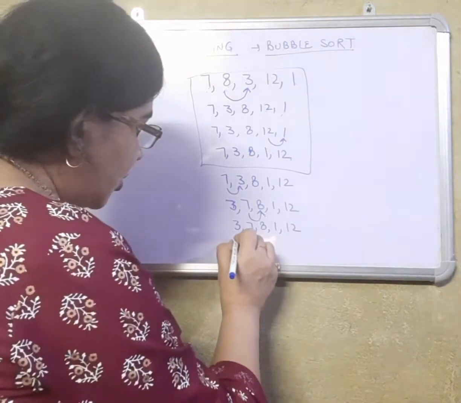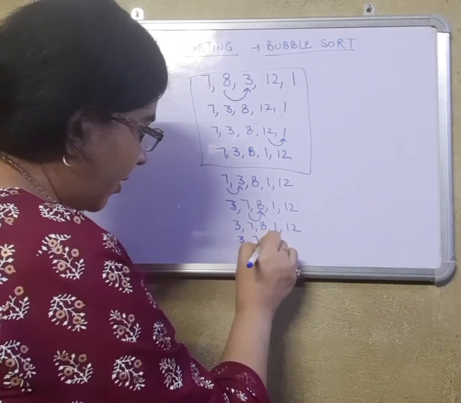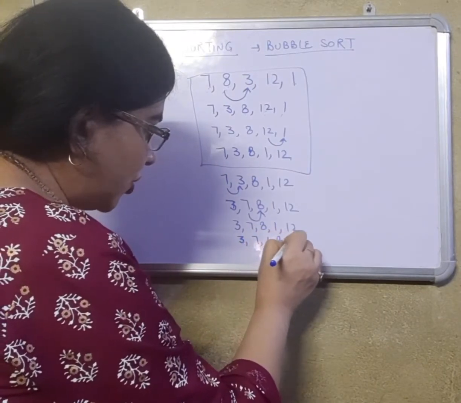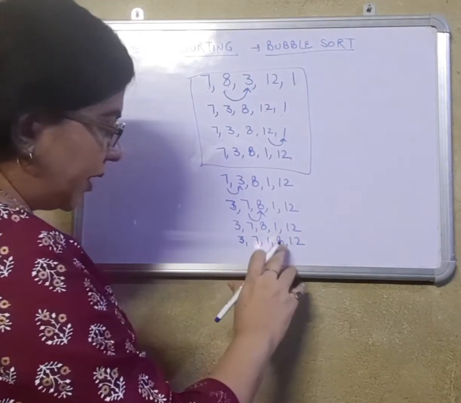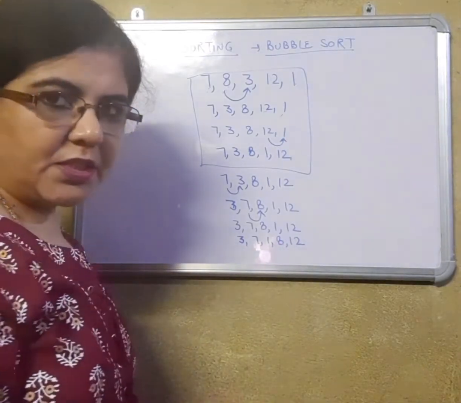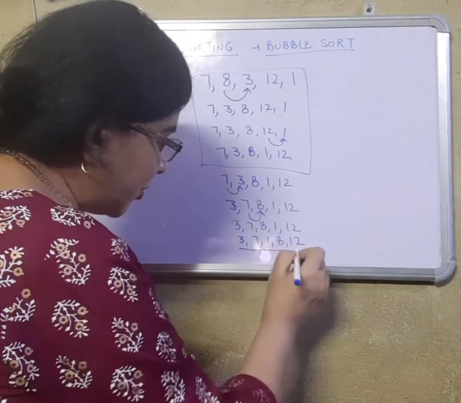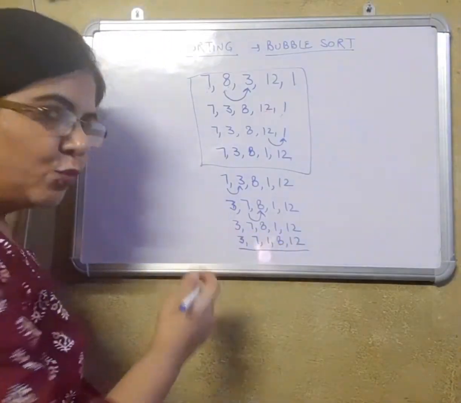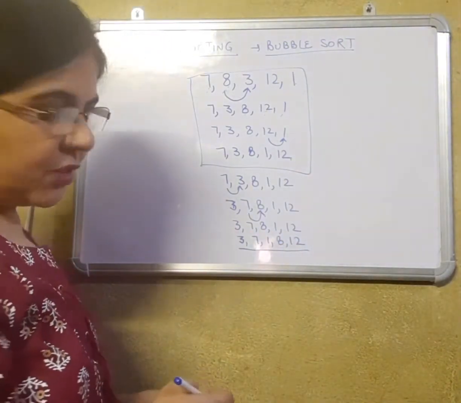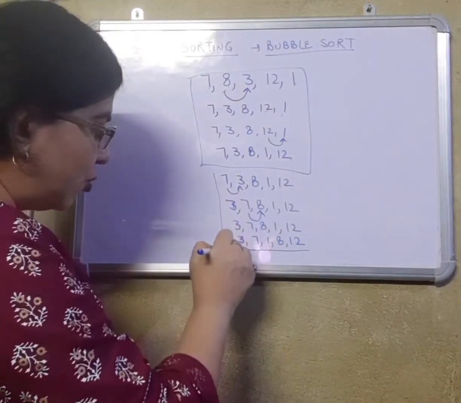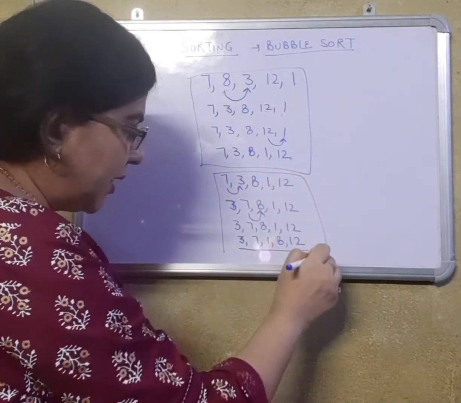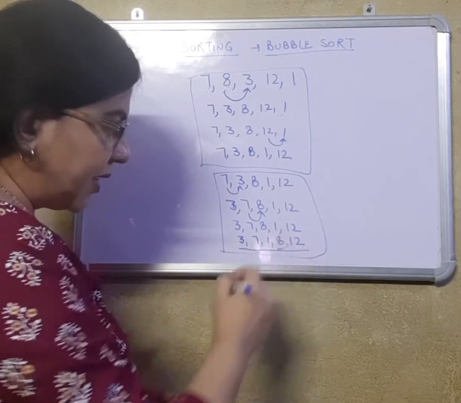Yes. So 1 and 8 will exchange. Then 8 will be compared with 12. Is 8 greater than 12? No. So somewhat the array has been sorted in such a way that 1 has moved 2, 3 positions forward. Again, this new layer has been formed in which the next bigger number 8 has moved backward.